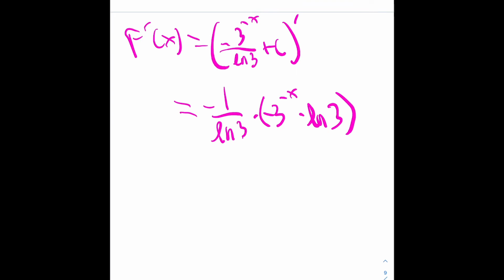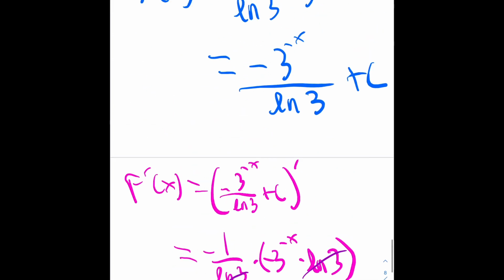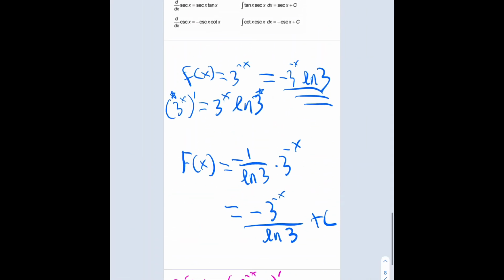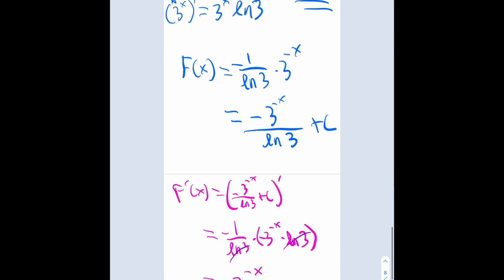And when I go through again, I'm going to get a lot of canceling out. I'm going to get a lot of things on the top and on the bottom. So I'm going to end up with negative times a negative, positive, ln 3, ln 3. I'm going to be left with 3 to the negative x, which was exactly what I was looking for.